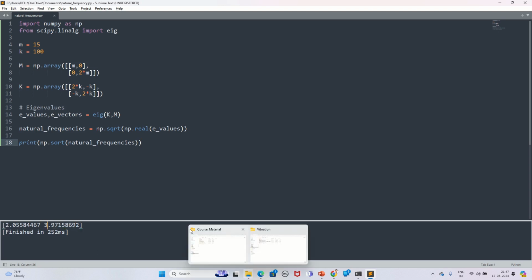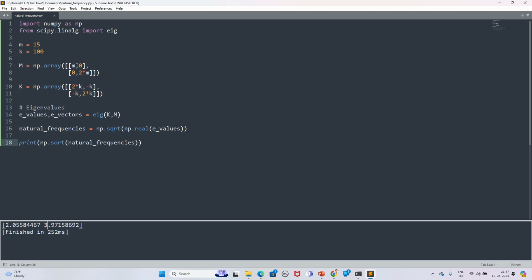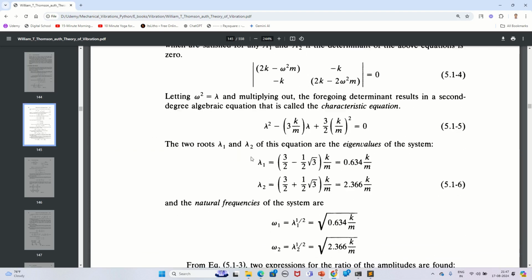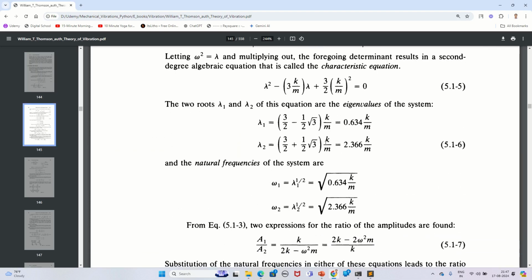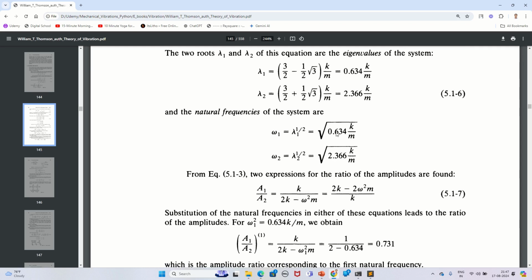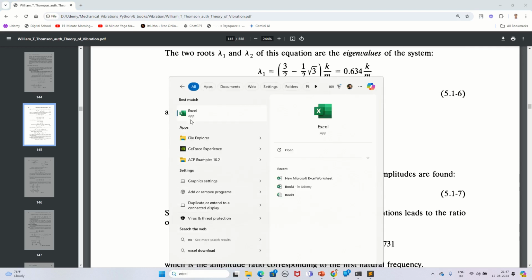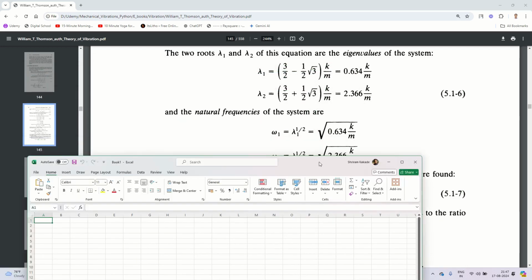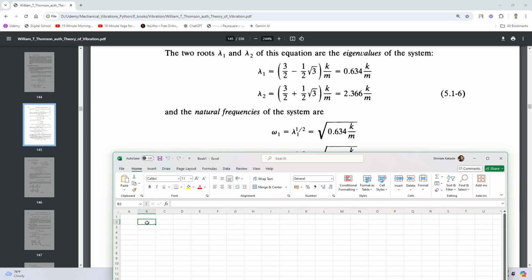So what is the analytical solution for this? Let's see, where is the book? For this same problem, omega 1 is the square root of 0.634 into K divided by M. Let me take it to the Excel sheet and we will calculate. Here our K is 100, M is 15.